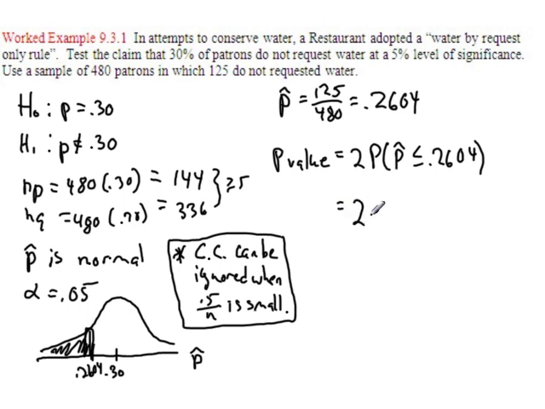So continuing on our p-value, we're going to translate into z's. We're going to get twice the probability that z is less than or equal to 0.2604 minus the mean, which is 0.30, divided by the standard deviation, which is the square root of pq over n, 0.30 times 0.70 over 480.